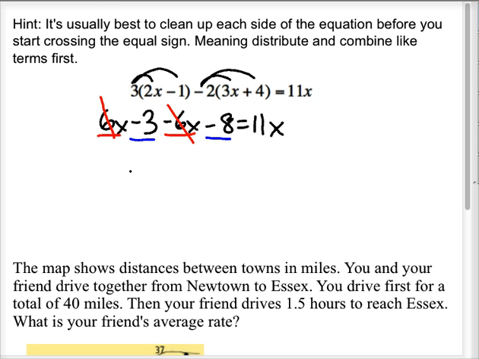Those like terms are going to be -11. So don't forget the skill of distributing and combining like terms. That's going to be key in some of these problems. Now I have 11 still multiplying my x, so I'm going to divide by that 11. -11 divided by 11 is going to leave me -1 for my x.